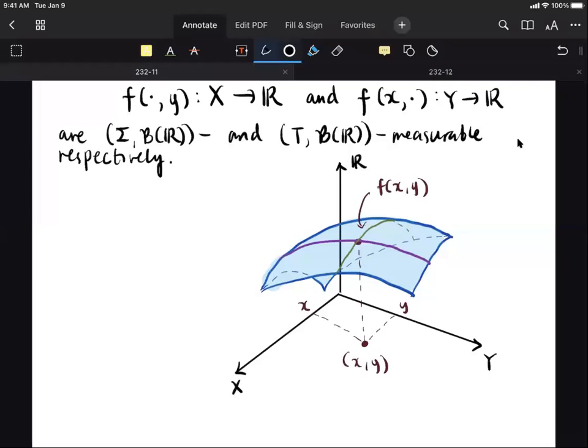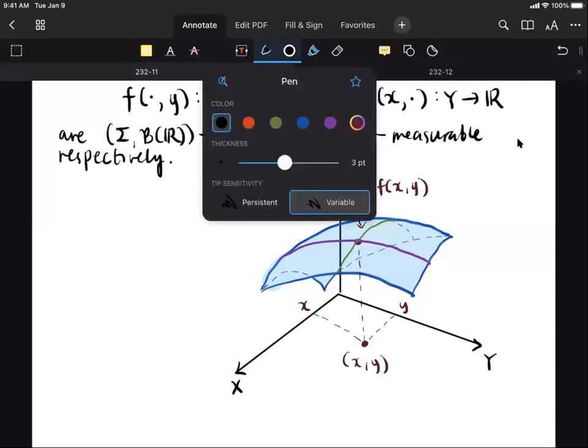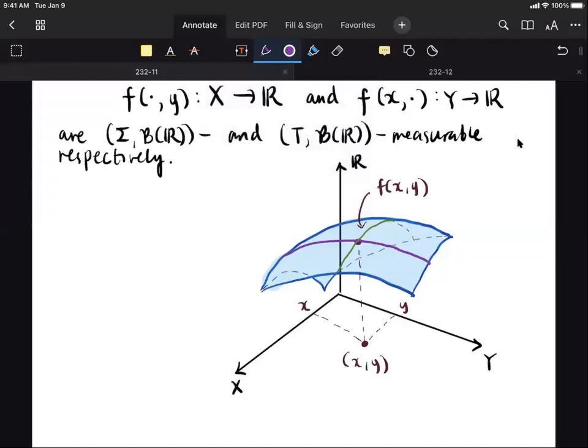So in this figure, for a, let's say if we fix x, so we will get this trace or slice of the function f.